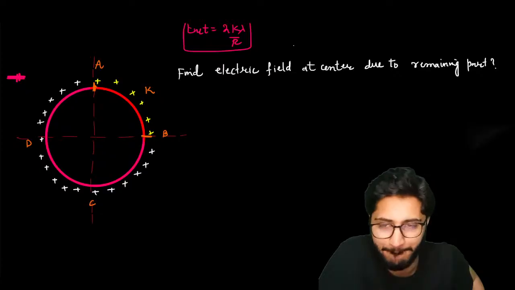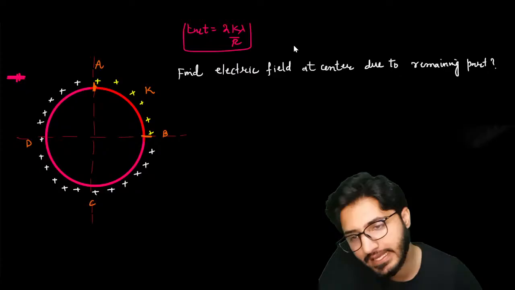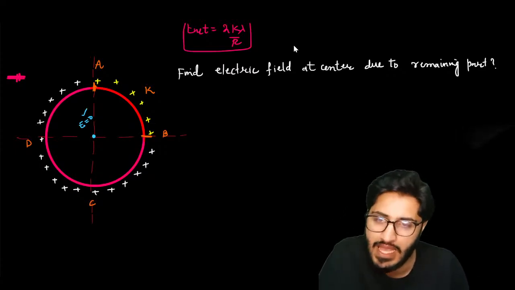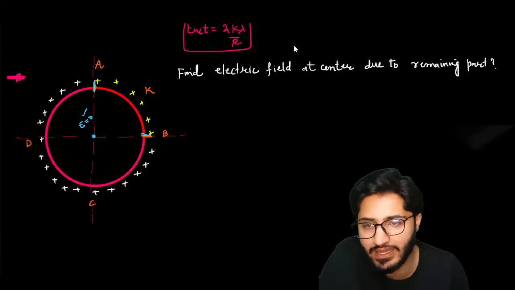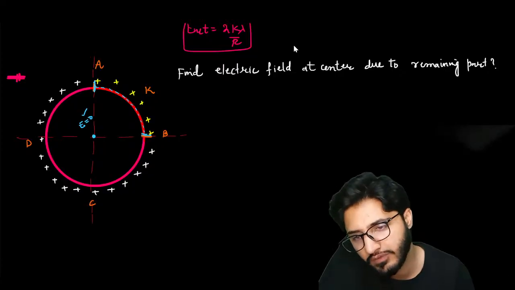Clear? Okay, look, we know one thing, that if we have any circle-like structure, the electric field at the center would be 0. We know this and we have proved this also, right? And if we cut this particular portion AKB, it is a quadrant, and we know the quadrant's electric field will be in this direction. This is the electric field due to AKB.